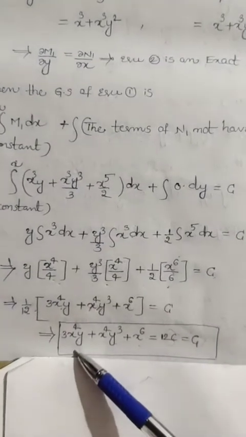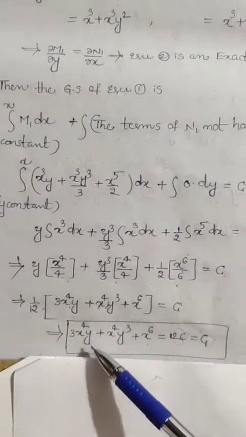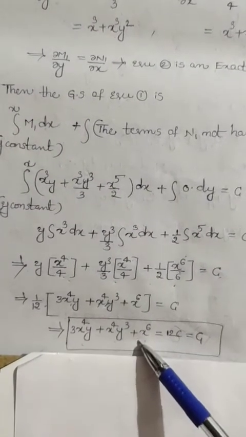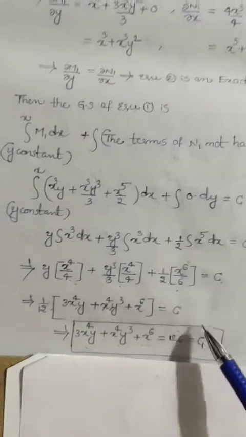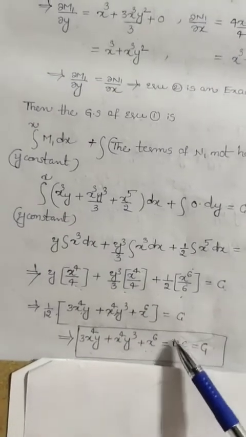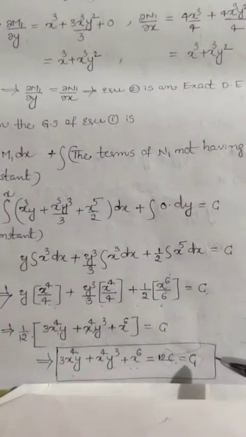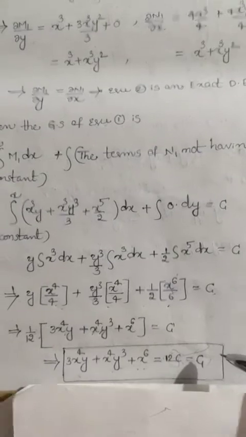Taking x power 4 common, x power 4 (3y + y cube + x square) equals c1, which is the general solution of the given differential equation.